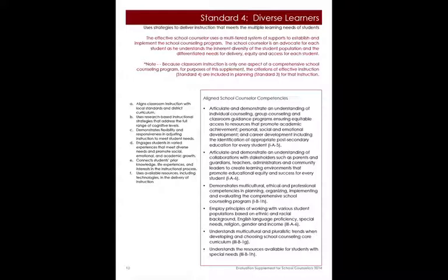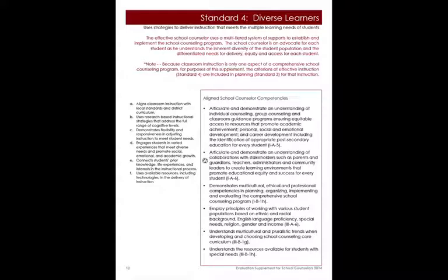So as we look down at those aligned school counselor competencies, you'll see all of those that are connected to those equitable access needs so that every student has access to the guidance program. Also, if you look down to the second one, you've got understanding of collaborations with stakeholders.